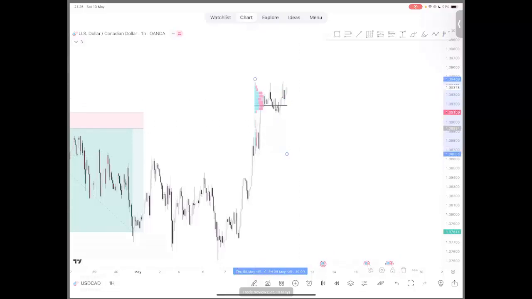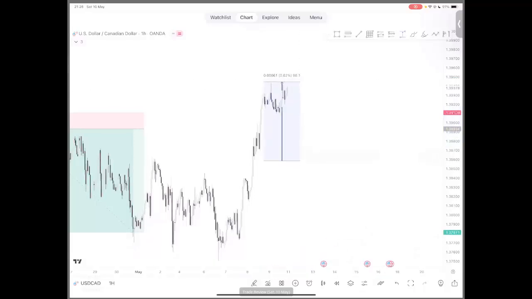Because it has USD as its base currency. So whatever DXY is doing, it's also doing it. We experienced a 0.62% increase on USD CAD because it has USD as its base currency.